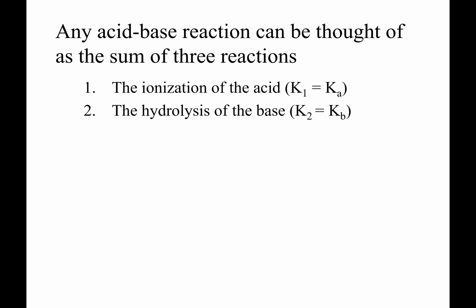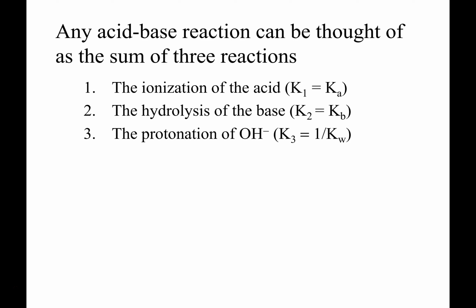The other is the base picking up a proton, the hydrolysis of the base. And Ka is what we use to summarize step one. Kb is step two. And then the last one is the protonation of the hydroxide ion. So the H+ and the OH- come together, and we would call that forming water, which is the reverse of water breaking down. So forming water is the inverse of Kw.